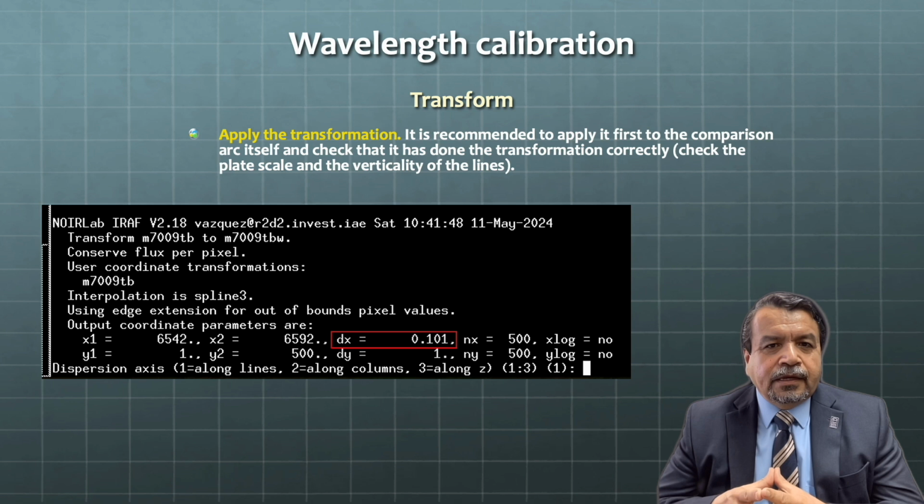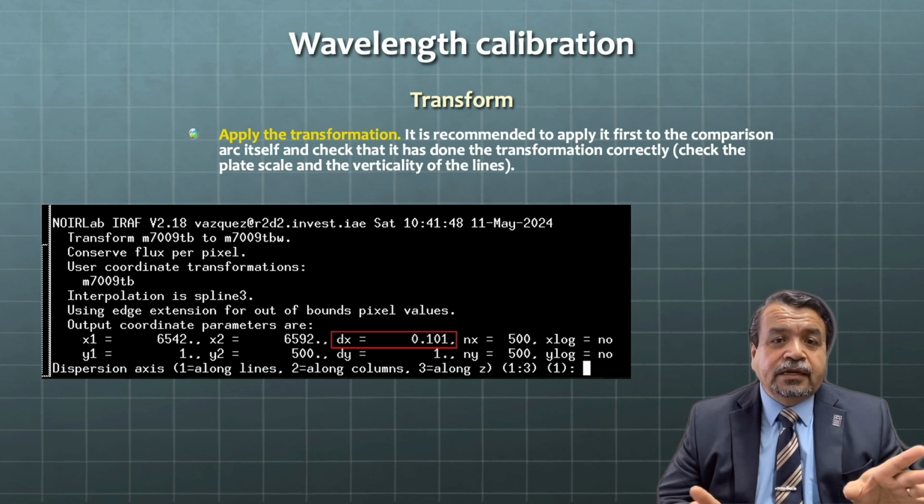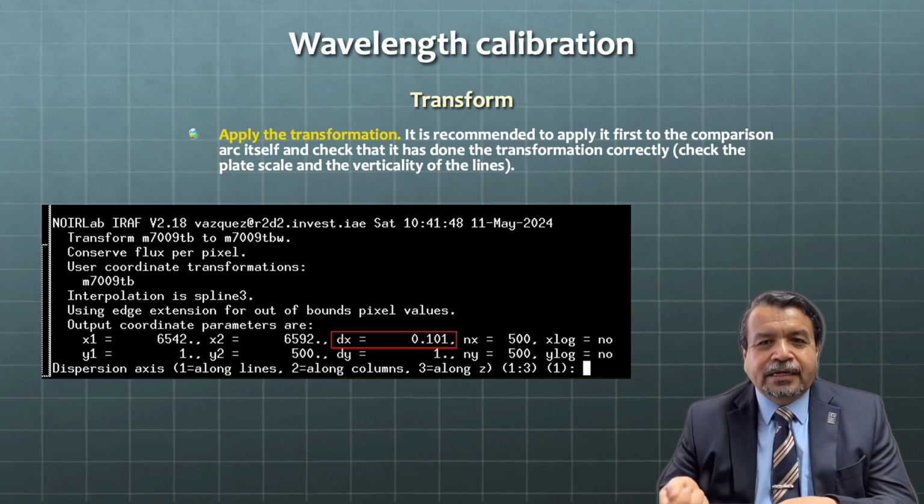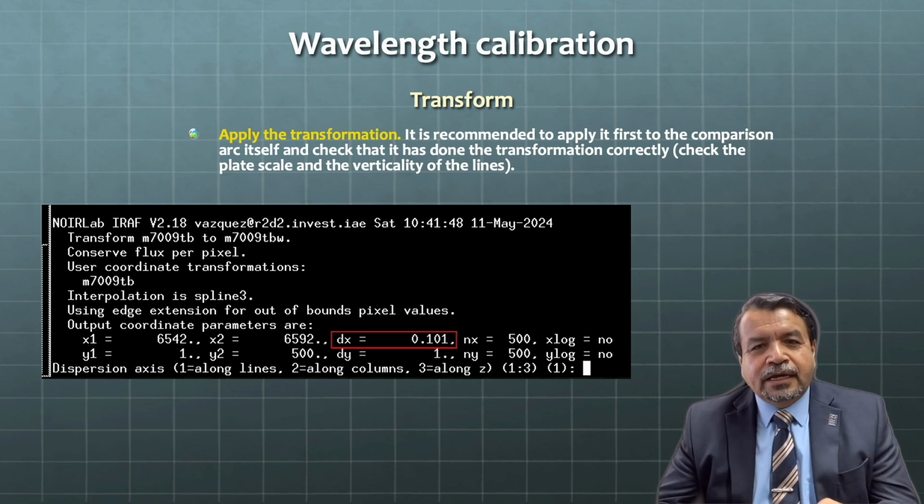And so, let's proceed to the matter we are here to work on, which is the most important thing, namely wavelength calibration. Okay? So that's it. Then it tells us what the dispersion axis is. Obviously, the software already knows, it is the 1, and it sets it to 1 by default, and we press enter.